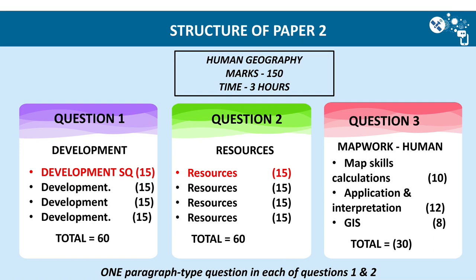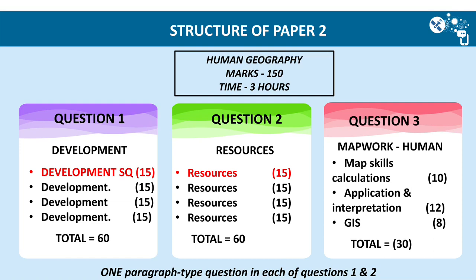Question 1, in this case, covers the section on development. Short questions, 15 marks. And then 3 source-based questions worth 15 marks each on different subtopics of the development section, giving me a total of 60 marks for question 1.